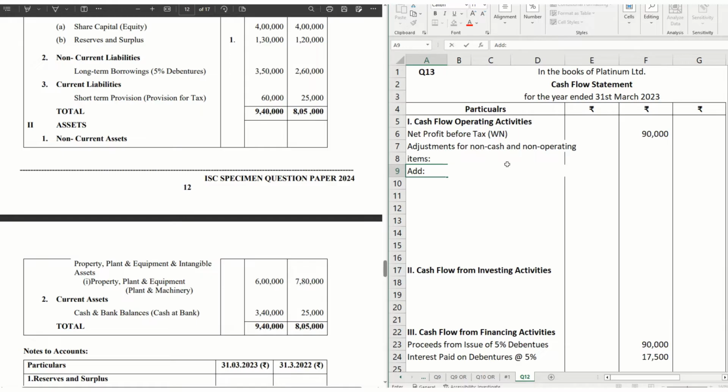Add, we have depreciation that we add, that we will be calculating if we have any. Then after that, we can write interest on debentures at the rate 5%. That's coming to 17,500. So we mention that amount.